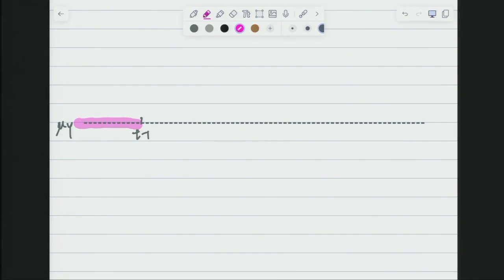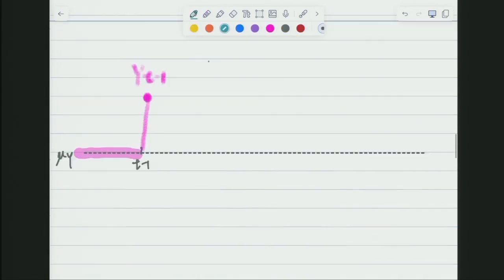And suppose at yt minus 1, there is a shock hitting the system, making yt minus 1 deviate from its long run mean. Now, given that we have delta yt equal to pi times yt minus 1 plus ut, and in the absence of shock in the next time period, ut is equal to 0.